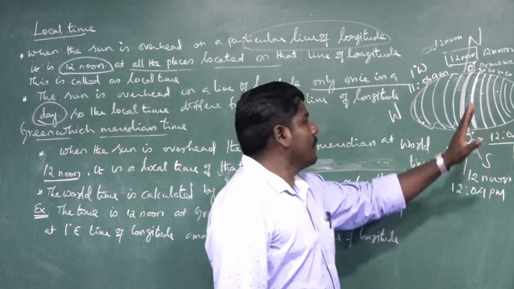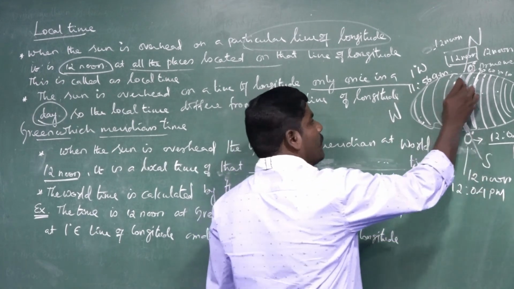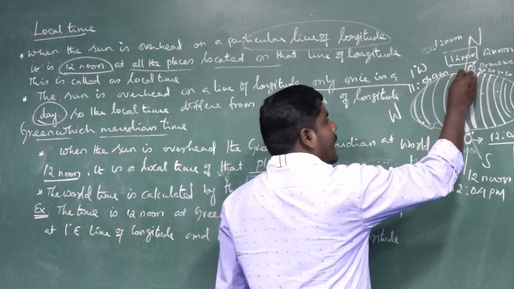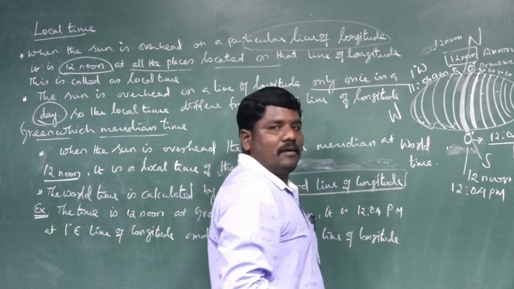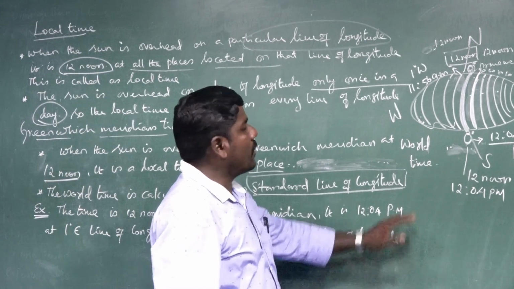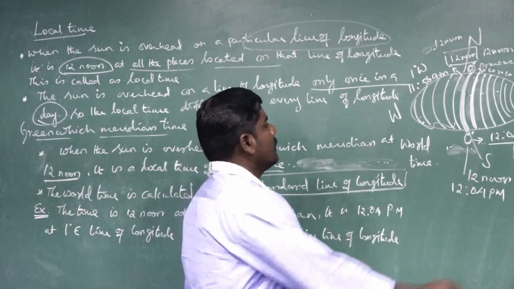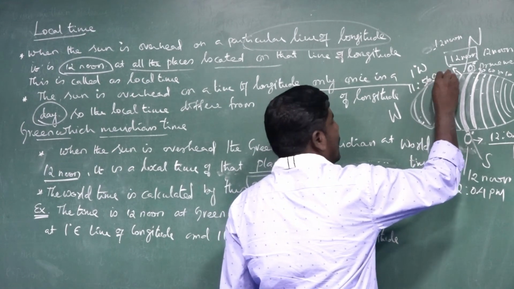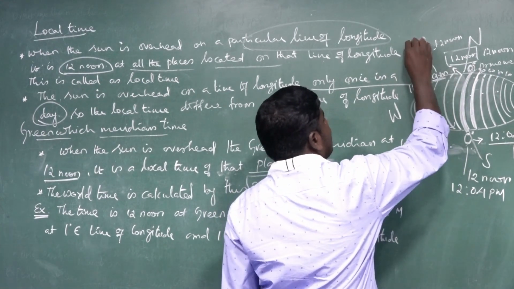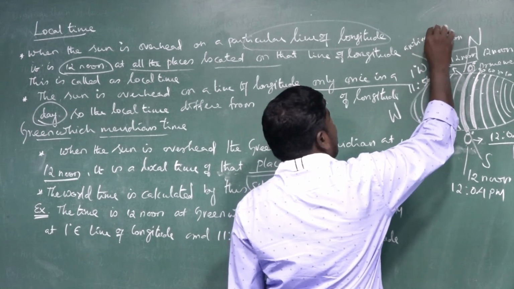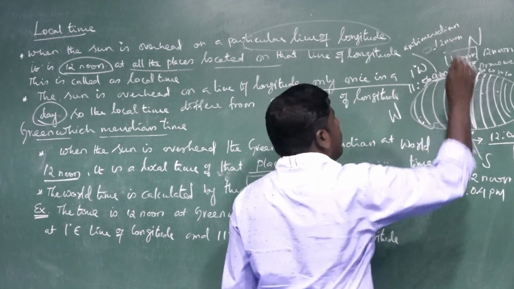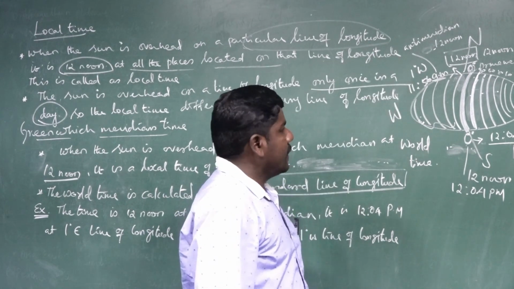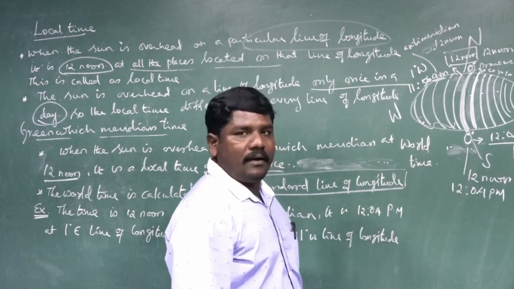At the same time, on the west side, at 1 degree west longitude, the time is 11.56 AM. AM means ante meridian. So that is local time.